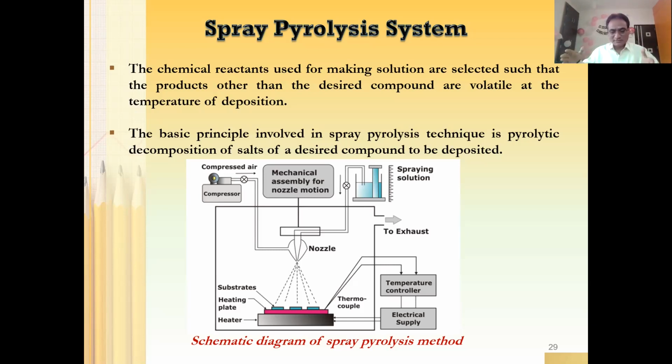Because if the area is larger, if you have more than one substrate and you want to use a spray pyrolysis system to coat material, then there won't be any uniformity if it is not moving. So it must be moving so that a uniform film can be deposited.